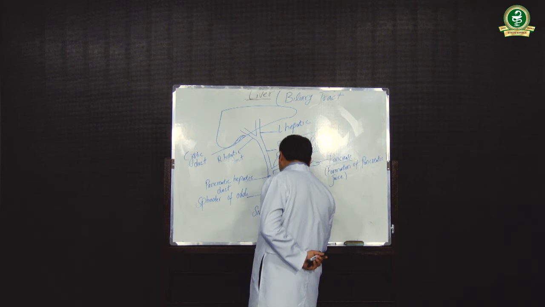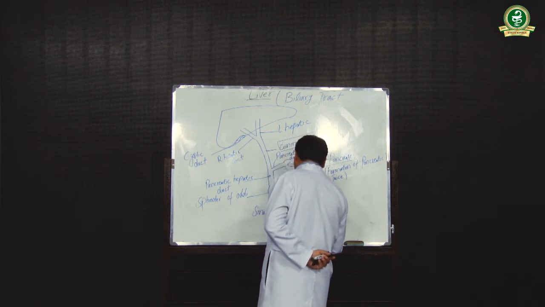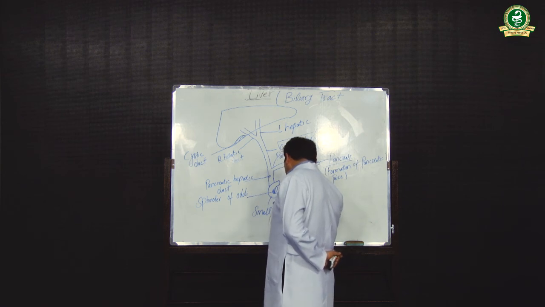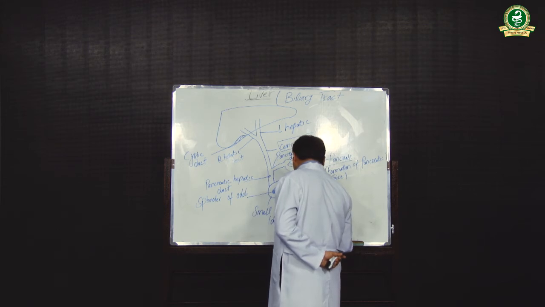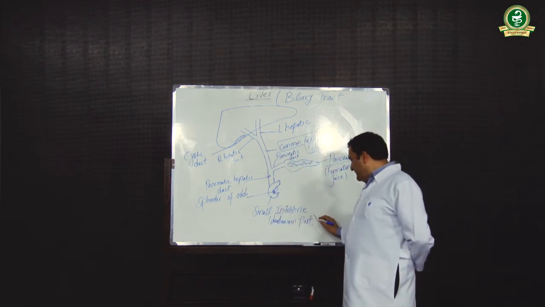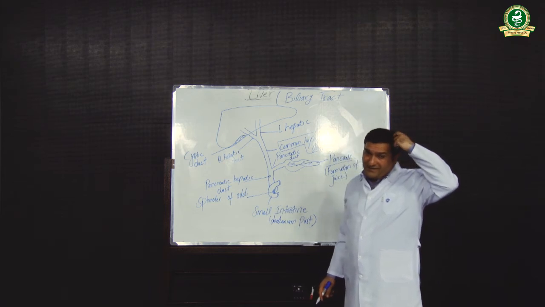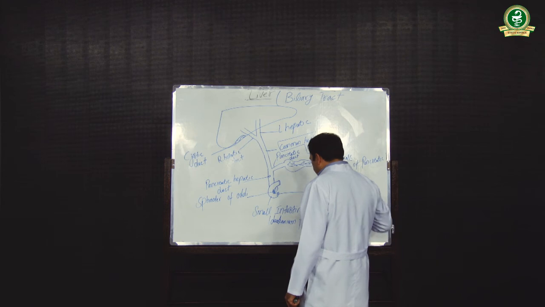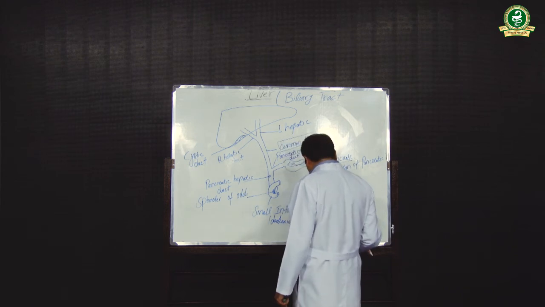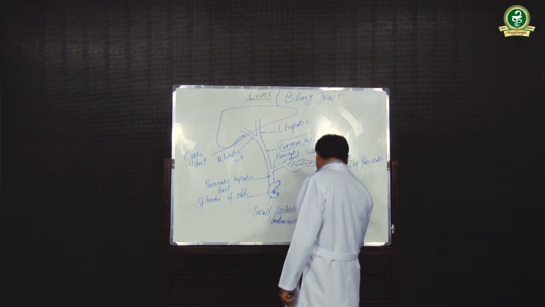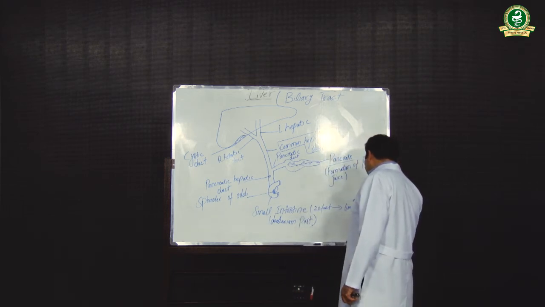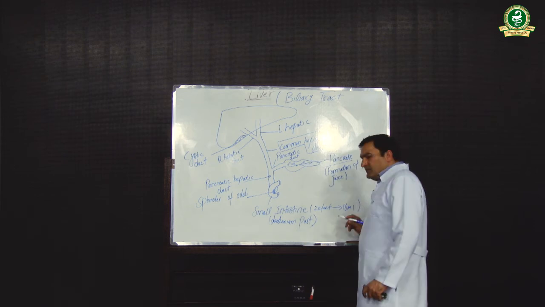That is our small intestine, the duodenum part. The actual length of the small intestine is 20 feet, which means 6 meters.